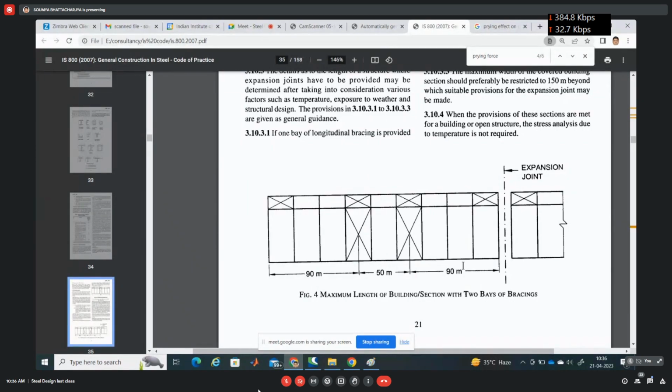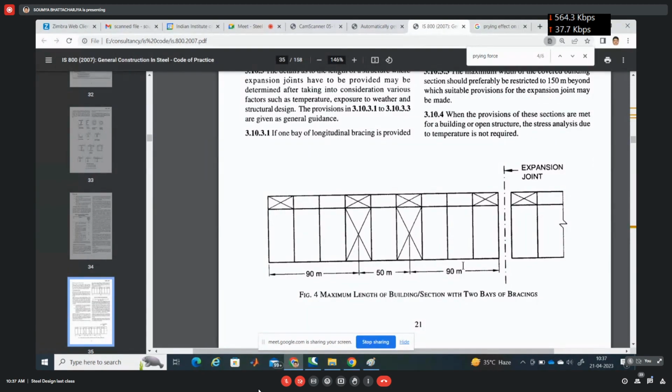Because we assume that for an RC building which is more than 45 meter long, the thermal stresses may get generated, and you have to take care of that in STAAD modeling.